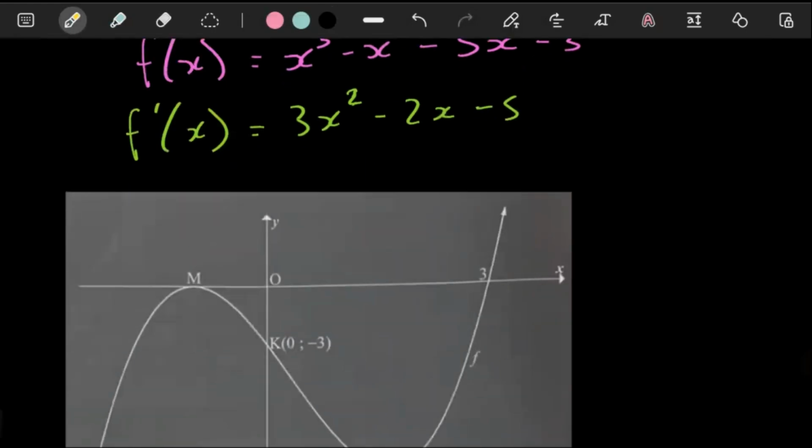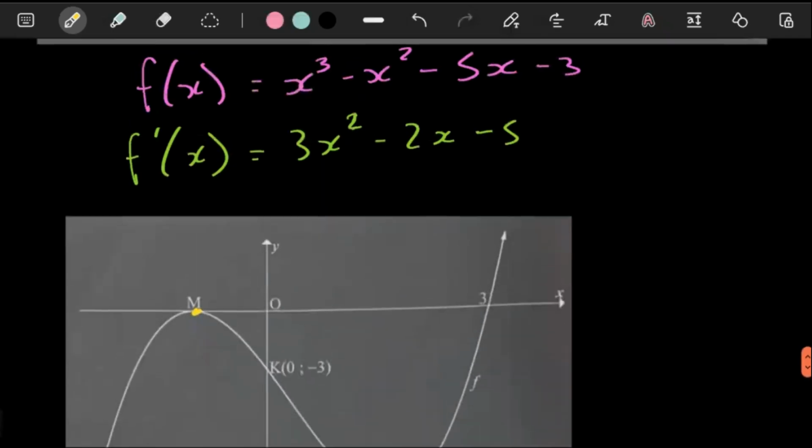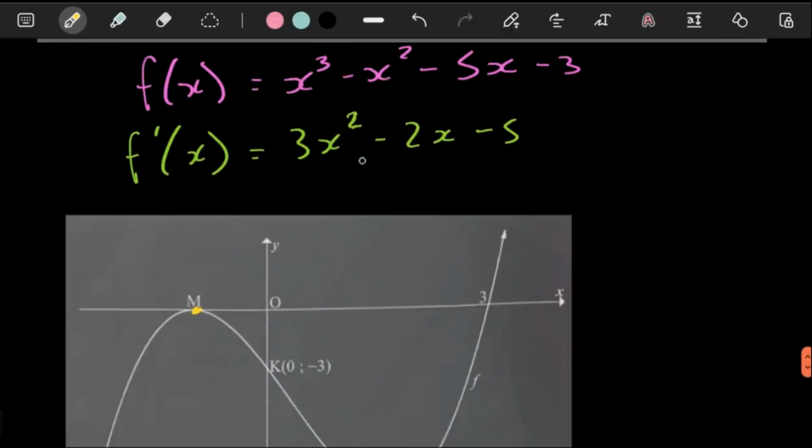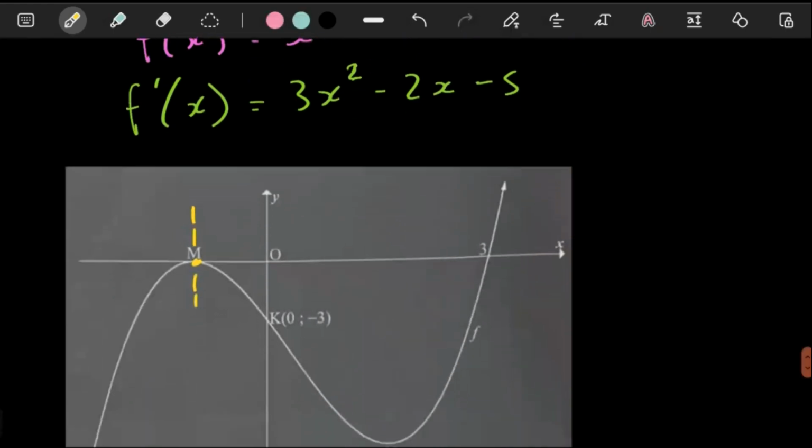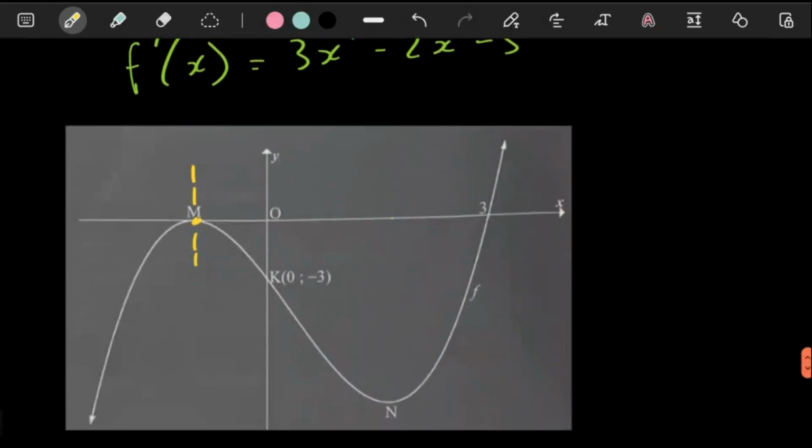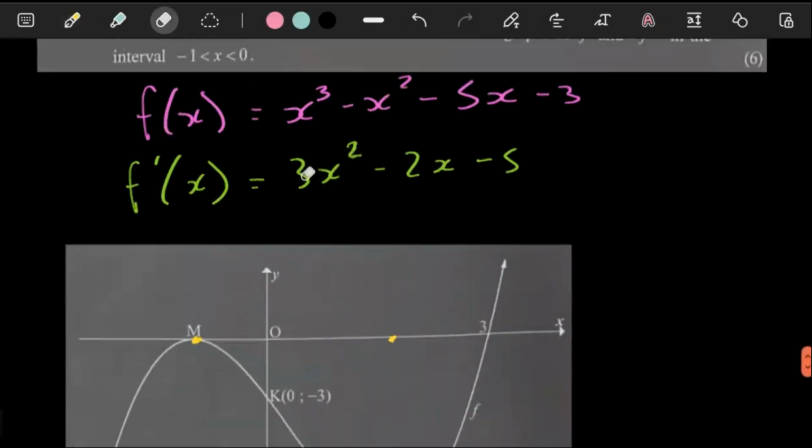If you solve for x here, you would get an x-intercept of -1 and another one of 5/3, and this is a smiling parabola.